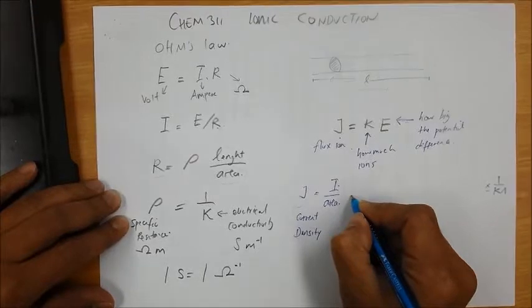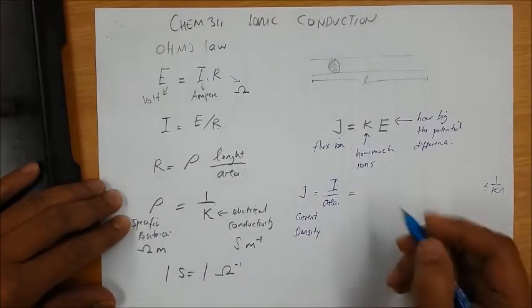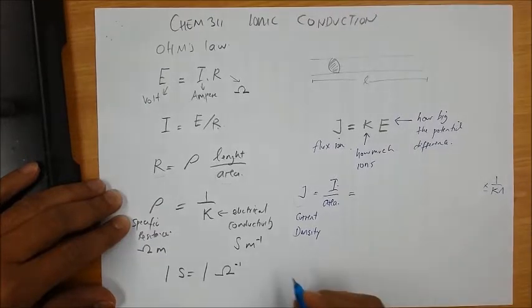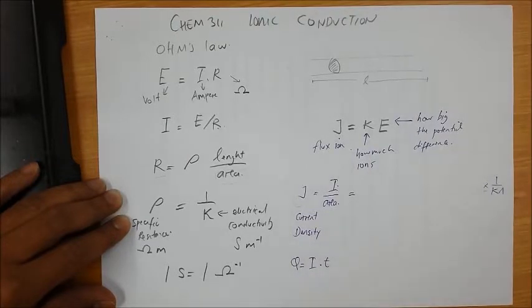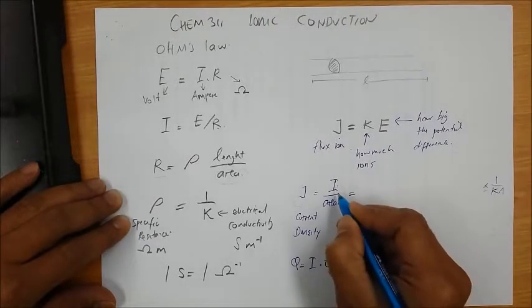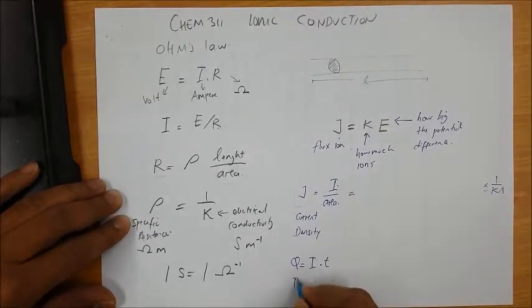Okay. Now, if you remember physics 101 or 102 maybe, the amount of charge is equal to current times time. Right? So we can then substitute this into I equals Q, the charge, over time.